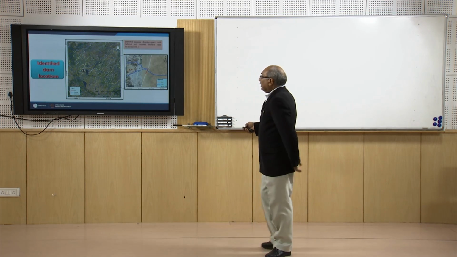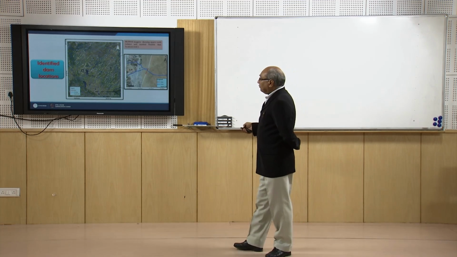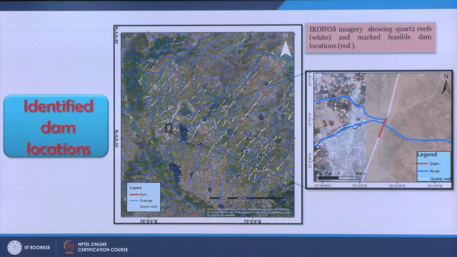Similarly, one more example I am showing is from the Bundelkhand region, where there are a lot of quartz reefs. While studying such images or making interpretations of images, we can even identify a location for a future dam, because we know that there are quartz reefs, a natural kind of dam, and there is no blocking of the drainage line or riverlet which is going through these quartz reefs.